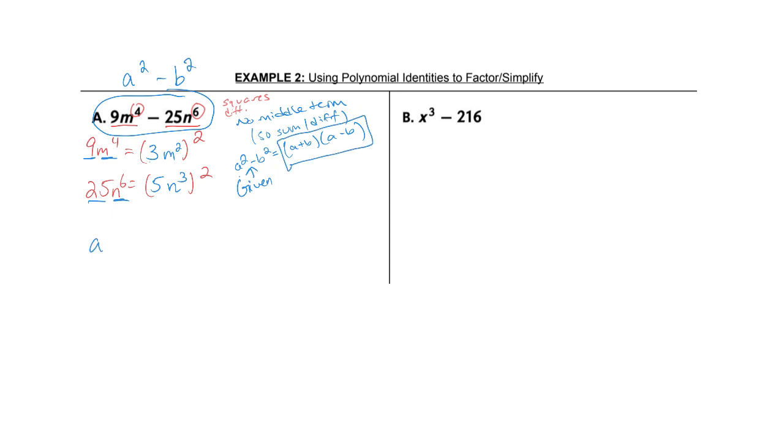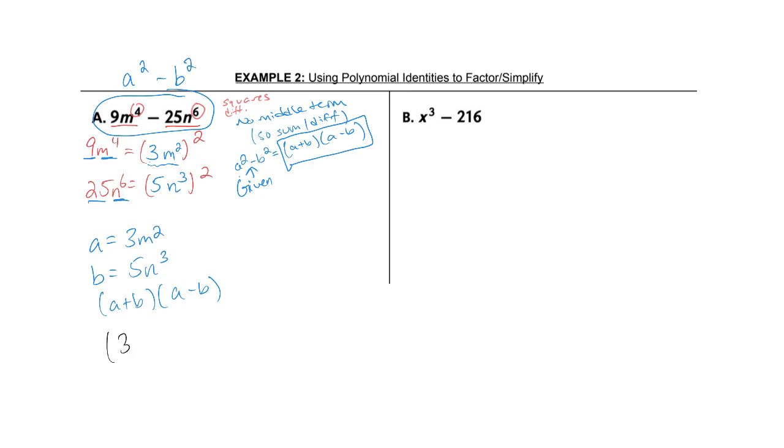Okay, so our a is 3m squared. All right, that was the number that we had to square to get 9m to the 4th. And our b is also the number in the other parentheses, 5n to the 3rd. Now we're going to plug that into the formula a plus b times a minus b. So I'll put it in a different color.